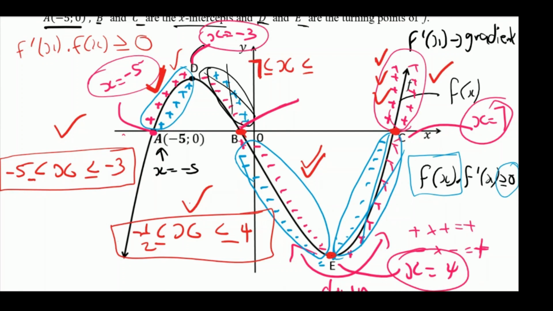We're not going to say equal to, because we don't know the infinity. So up to infinity, that's where you get the situation where you multiply the gradient and the y values and it gives you a positive solution or equal to 0. So you can write any of the three solutions of x and you would be correct, right?